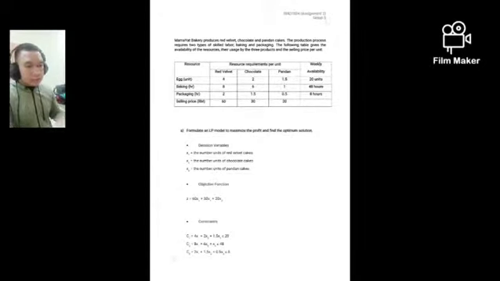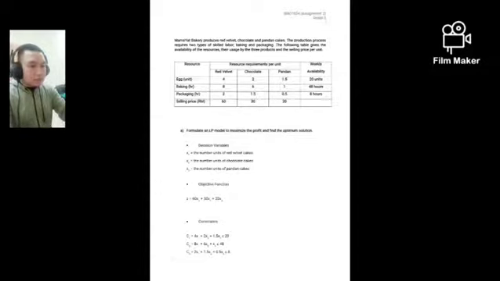Our first constraint is 4x1 plus 2x2 plus 1.5x3 smaller than or equal to 20. The second constraint is 8x1 plus 6x2 plus 3x3 smaller than or equal to 48 hours.